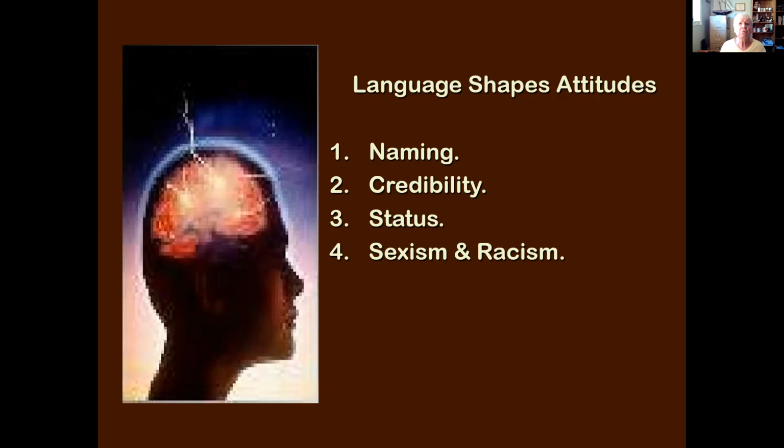And so to say things about people from a different country, a different color of skin, you shape attitudes. And attitudes can be negative and they can be positive. You can shape them positively or negatively. So language really does shape attitudes. Therefore, naming, credibility, status, sexism, and racism are all critical categories in that realm and understanding.